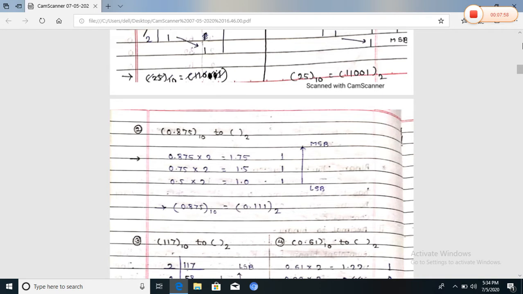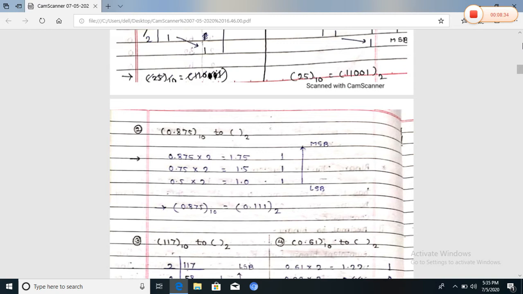The fraction is multiplied by 2. 0.875 multiplied by 2 gives 1.75. If the result has 0 before the decimal point it is recorded, so we record 1, and 0.75 is again multiplied by 2, and the answer is 1.5.